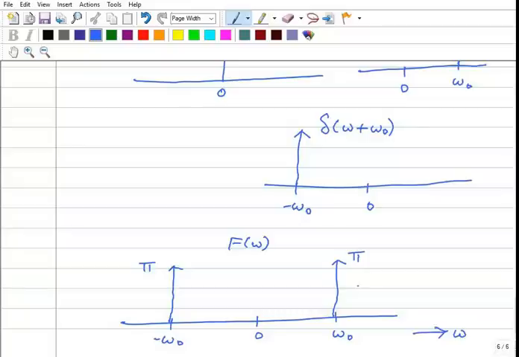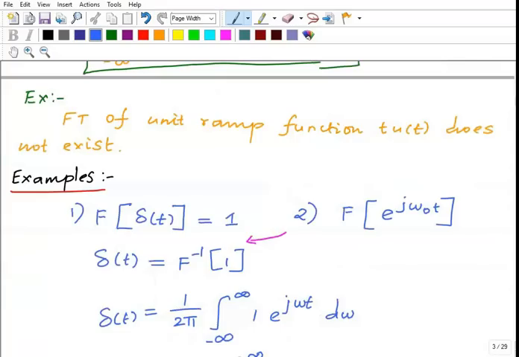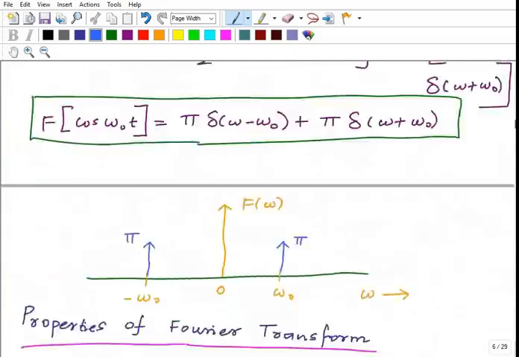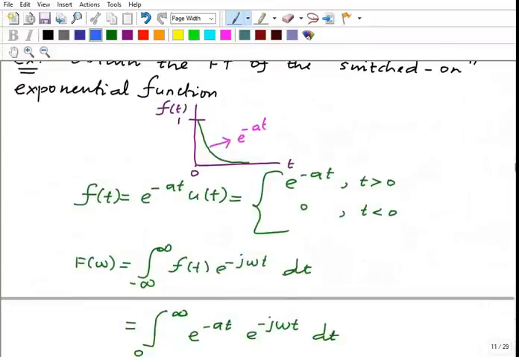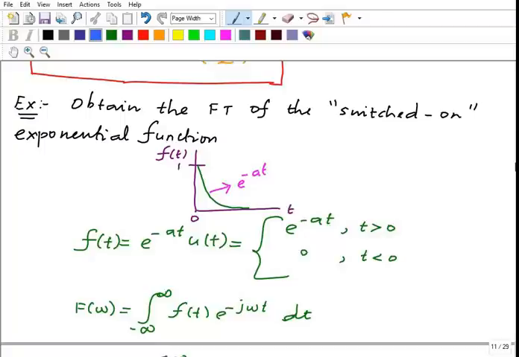Shall we go for the next one? Next example, you just note down. Switch on exponential function. See, we will be frequently using this signal.